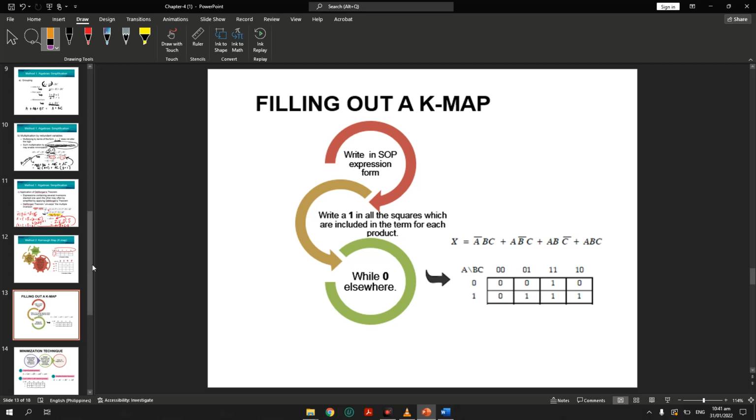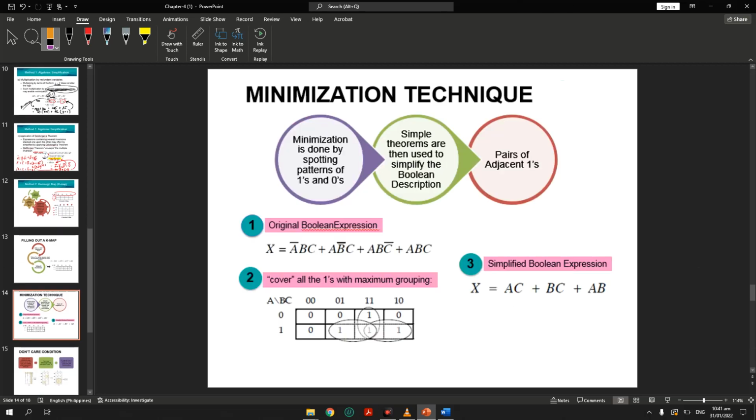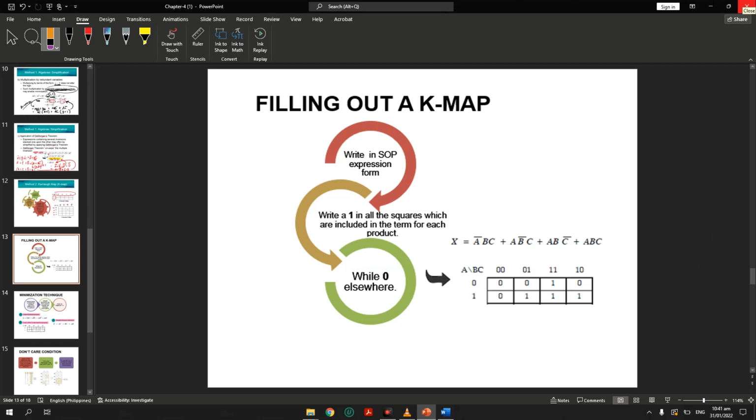So again, SOP: this is 0 1 1, this is 1 0 1, 1 1 0, and 1 1 1. How do we write that in our K-map?